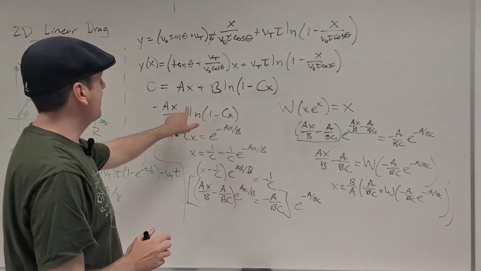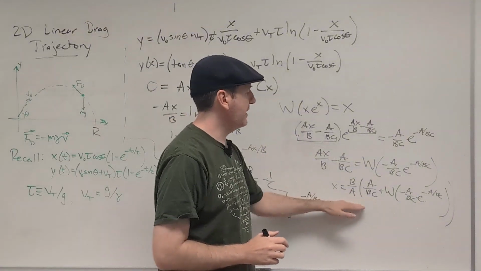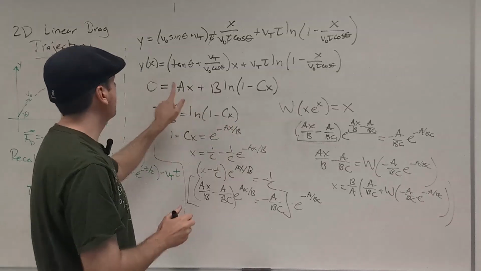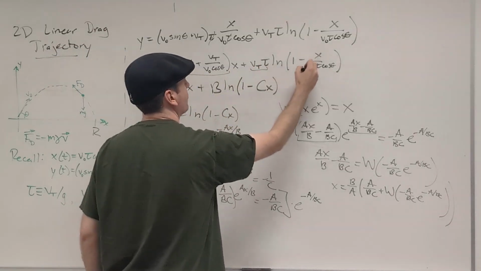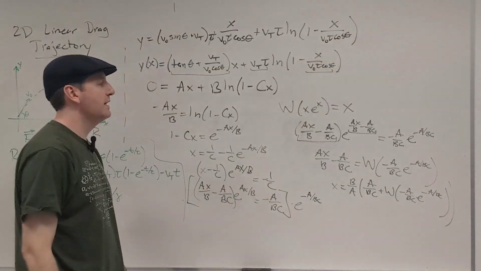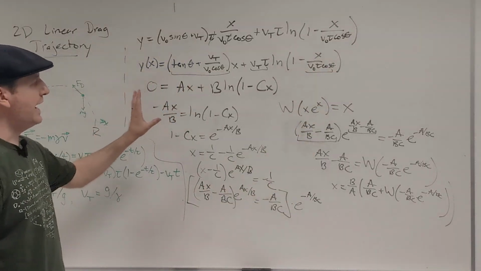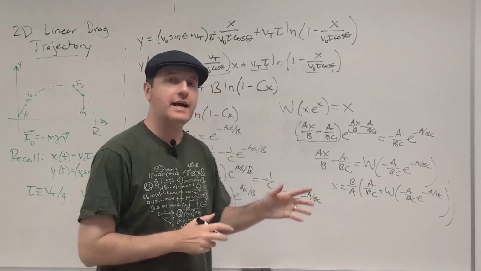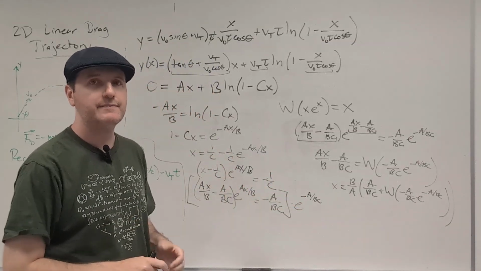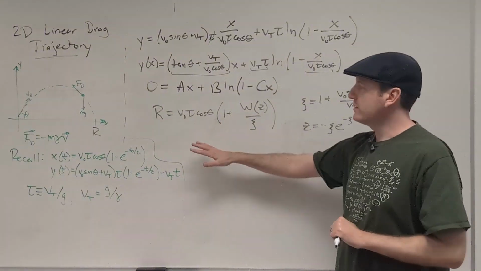Let's bring this up, and I'm going to go ahead and plug back in these values of a, b, and c. Remember, that's this piece, and 1 over this piece. And we'll see our x, which I'm going to relabel as capital R, it's my range, as a function of these other parameters.